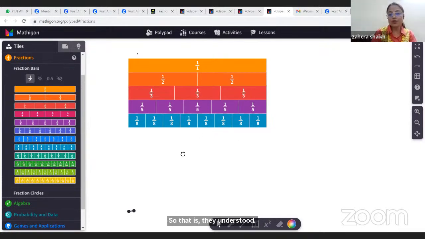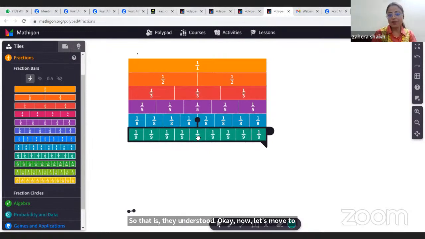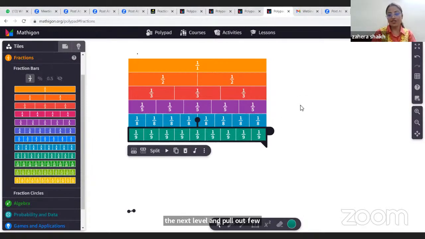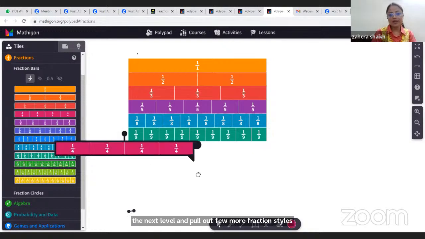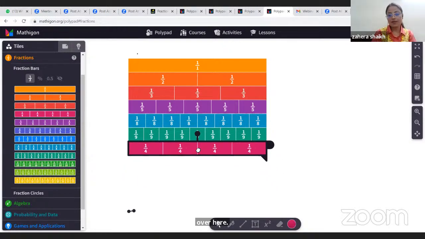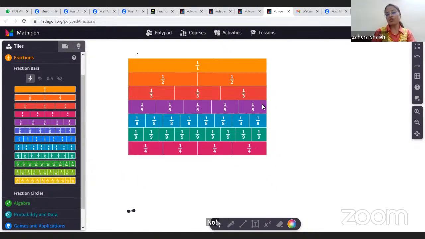Now let's move towards the next level and pull out a few more fraction tiles over here. Next question, we can ask the child, do you find any fraction which occupies the same space as half? This is the part that is covered by half.